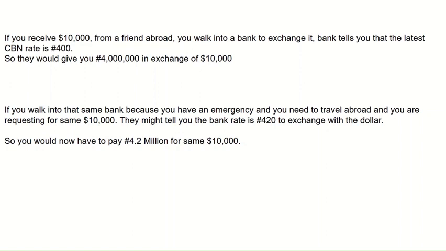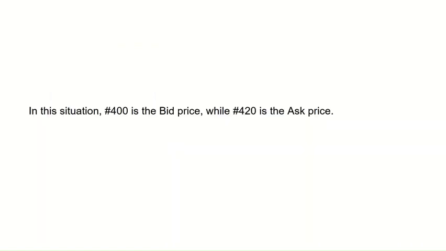If you walk into the same bank the next day because you have an emergency and you need to travel abroad and you are requesting the same $10,000, they might tell you the bank rate is 420 naira to the dollar. So you now have to pay 4.2 million naira if you want to get the exact same $10,000. You are going to get this very soon.